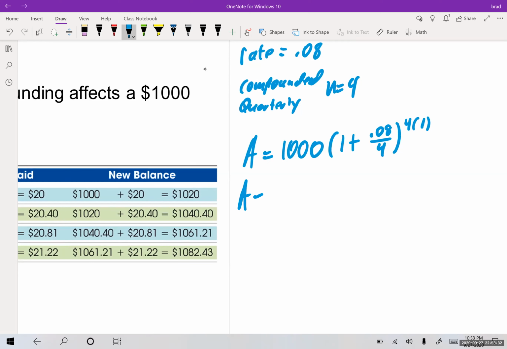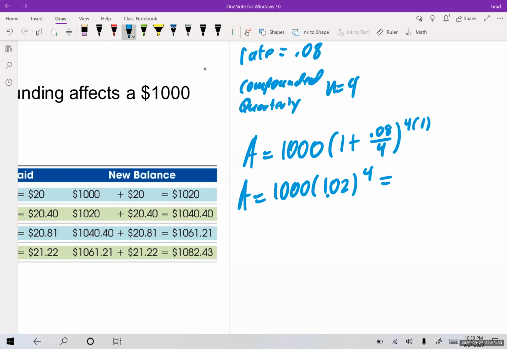So we're going to do A equals 1,000 times, now we're going to do 1 plus 0.08 divided by 4. So I'll just write this out for you guys, 1.02 times 4. If you don't want to do as much in your calculator, I just added these two up first.